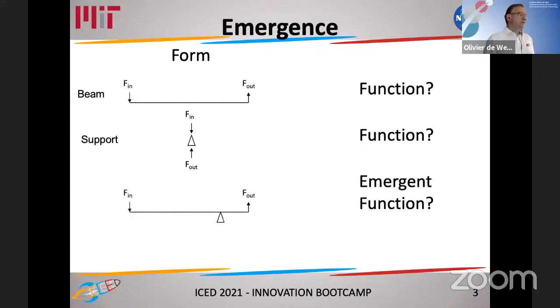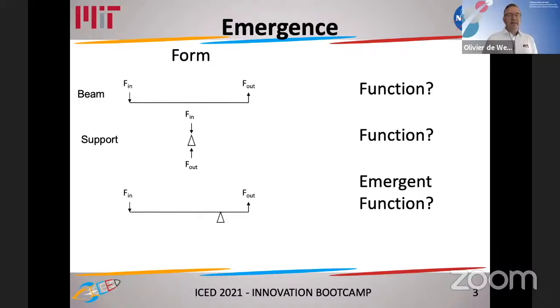Now let's put the two together. We're combining the beam with the support, or the pin or pivot. What is the function that we now get? What you're looking at is what we typically call a lever, but the emergent function is amplification of force.